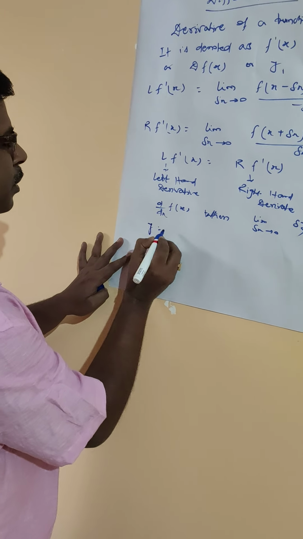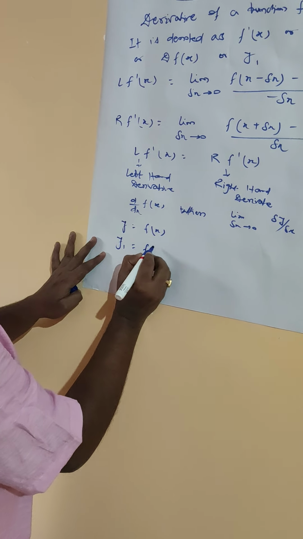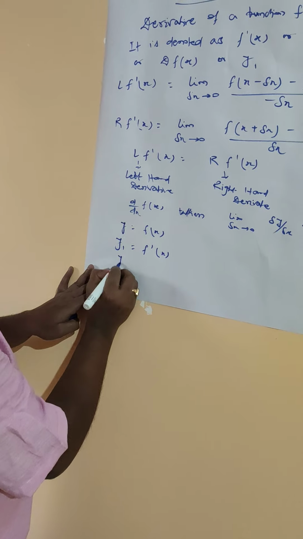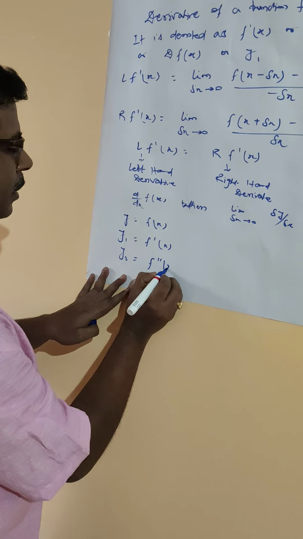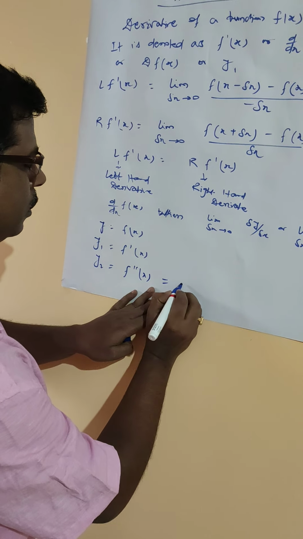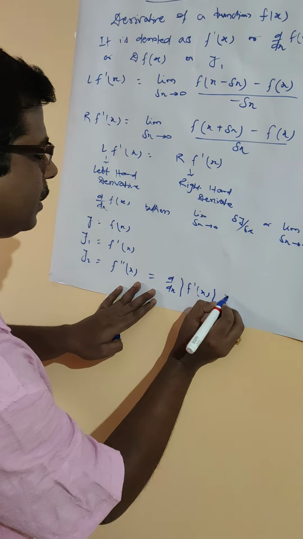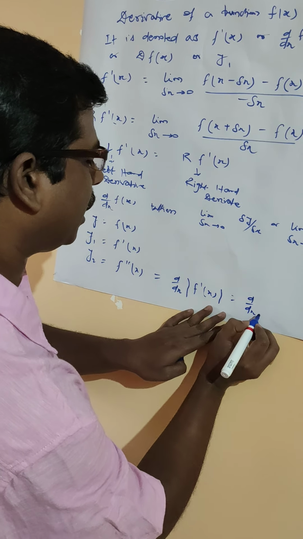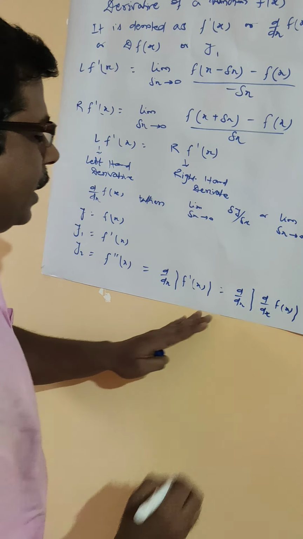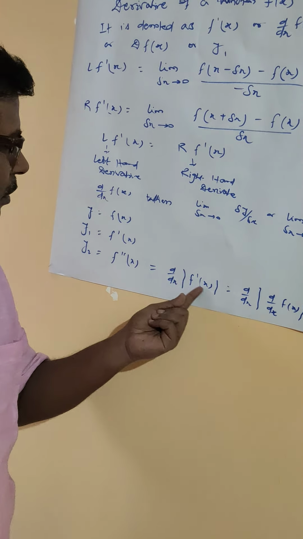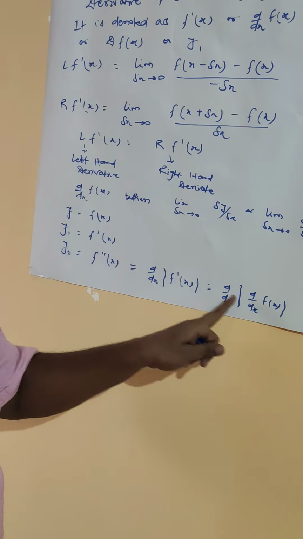If we are given y is f of x, then we can also write y1 is f dash x, and y2 is nothing but the second derivative. This is f double dash x, or we can also write d by dx of f dash x, where f dash x is d by dx of f of x.